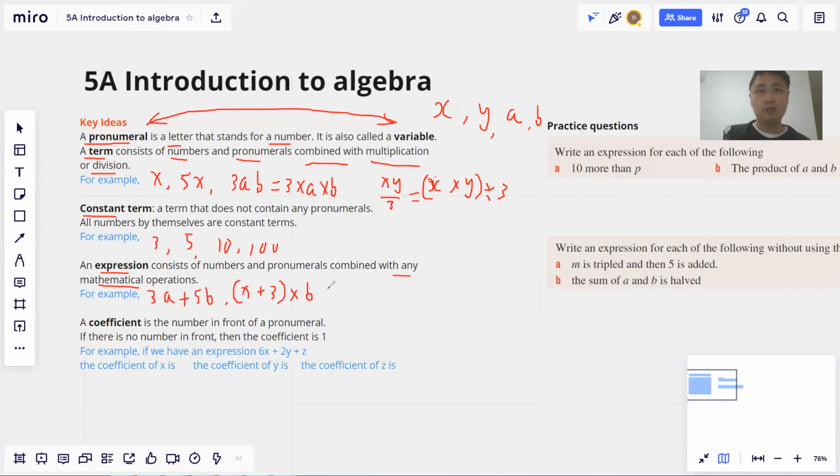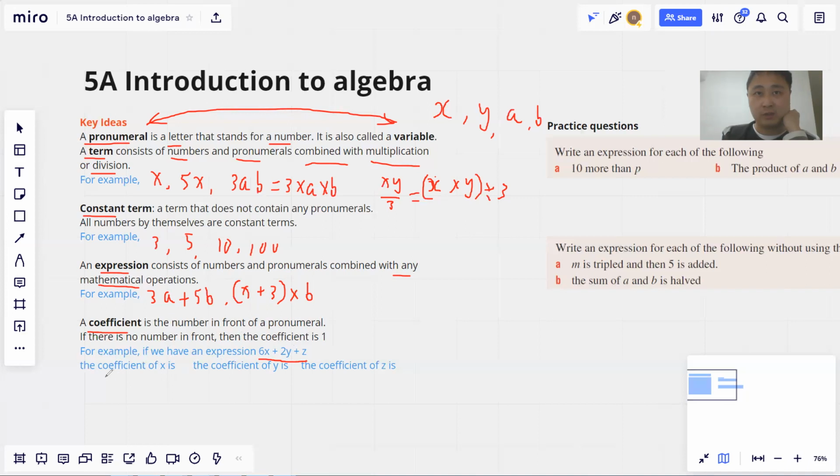Okay, and then the last concept is coefficient. A coefficient is a number in front of a polynomial. For example, if we have an expression as 6x plus 2y plus z, this is one expression because it has numbers and polynomials combined together.